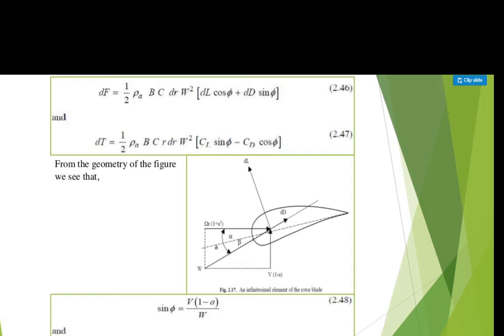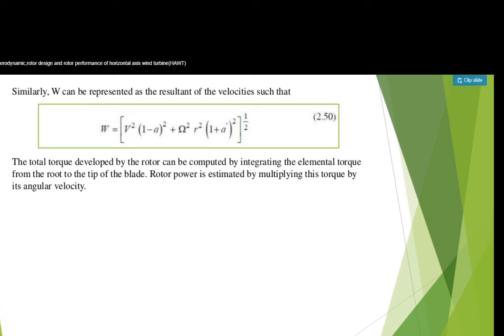Sin phi is equal to V(1 − a) upon W and cos phi is equal to Ωr(1 + a') upon W. Similarly, W can be represented as the resultant of the velocities such that W = [V²(1 − a)² + Ω²r²(1 + a')²]^(1/2). The total torque developed by the rotor can be computed by integrating the element torque from the root to the tip of the blade. The rotor power is estimated by multiplying this torque by its angular velocity.